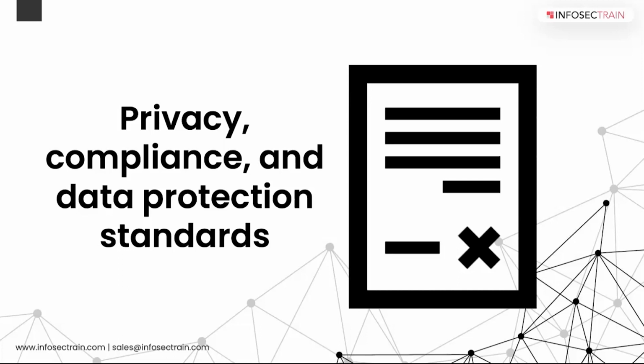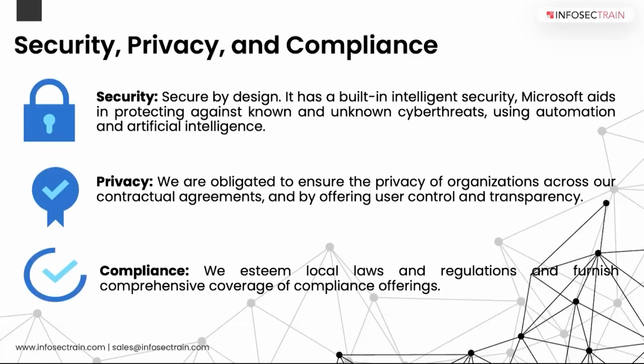When we talk about the compliance categories, there are always these three things. We start with security, privacy, and compliance. For security, we need to make sure Azure is secure by design, meaning it has built-in intelligent security.